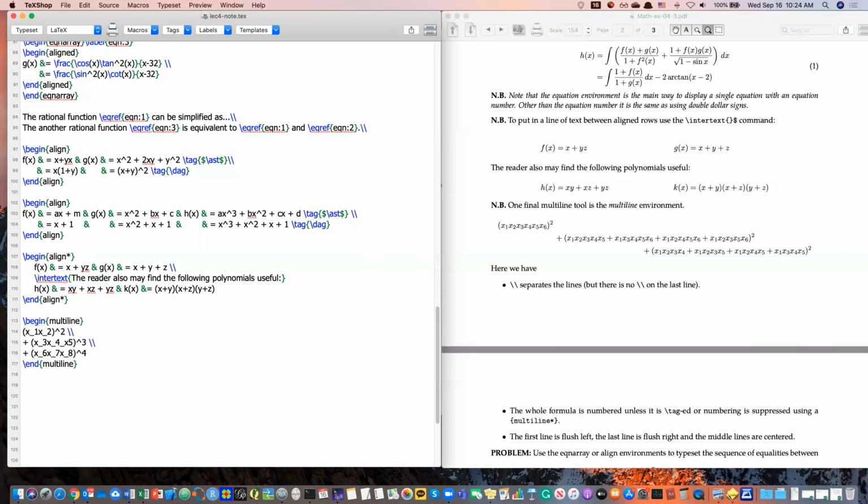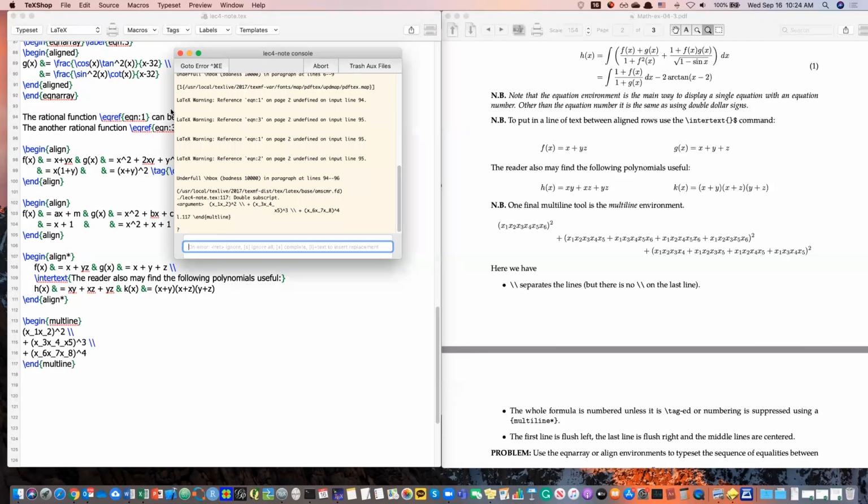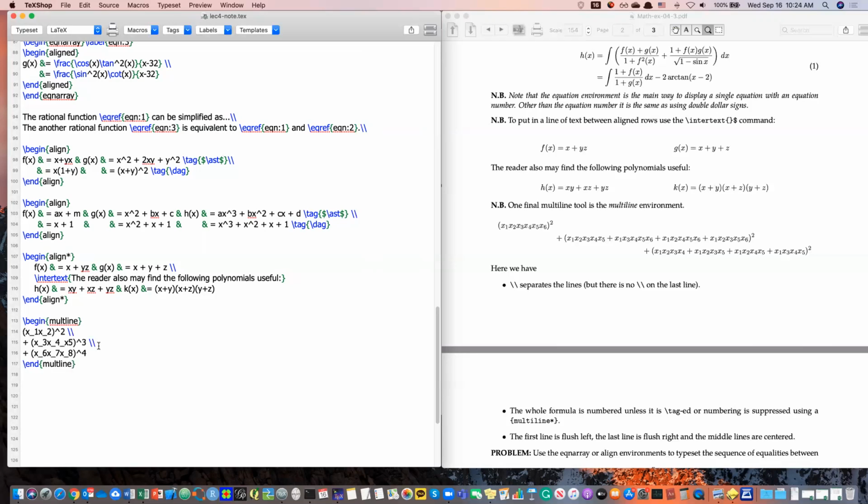Yes, MULT, so it's a typo. It should be MULTLINE.